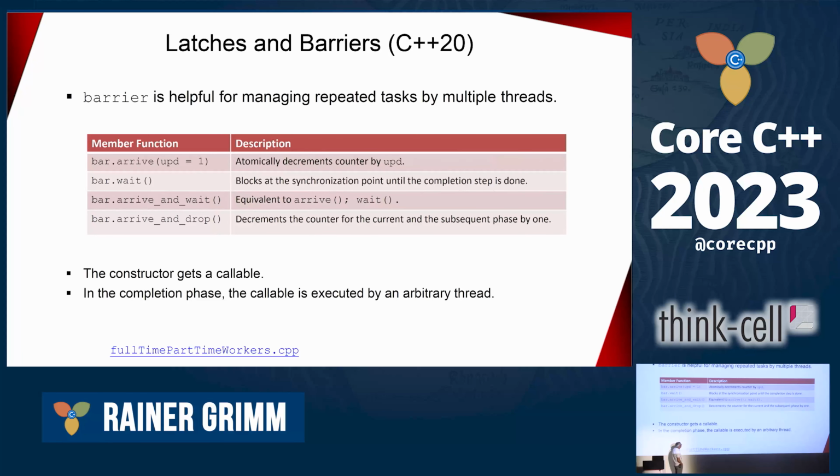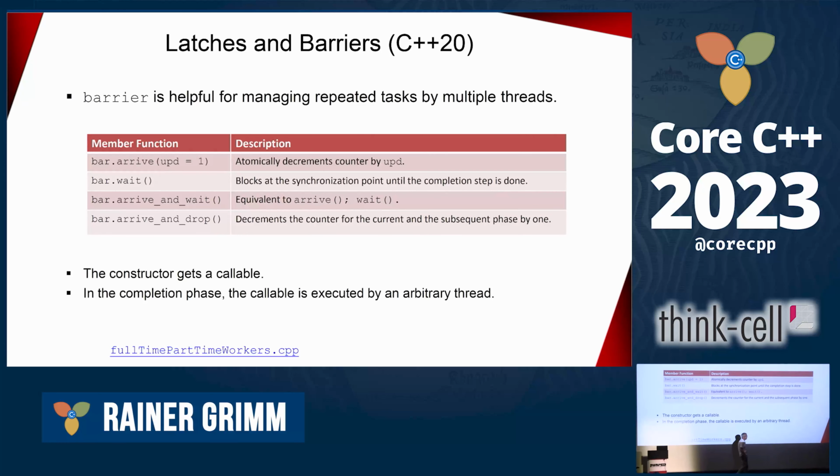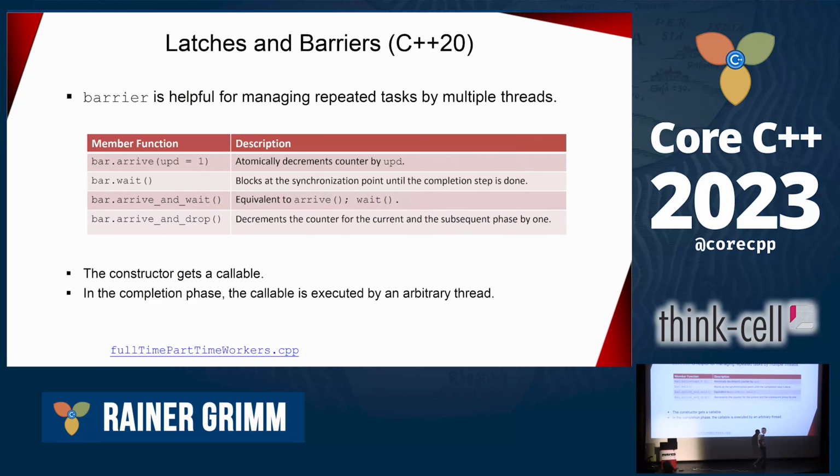Arrive and wait, of course, means that it first calls arrive, which means decrement the counter by 1, and then waits if the count is not 0. Arrive and drop is more interesting. Arrive and drop means that for the next iteration, the count is decreased by 1. This means you can do this iteration thing more than once. In the next iteration, you are out of the game. This means arrive and drop.